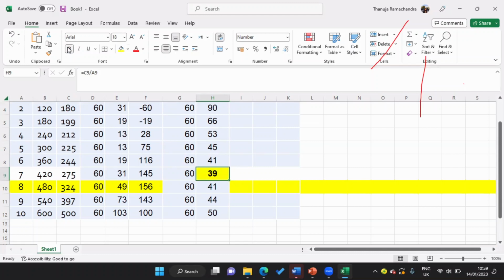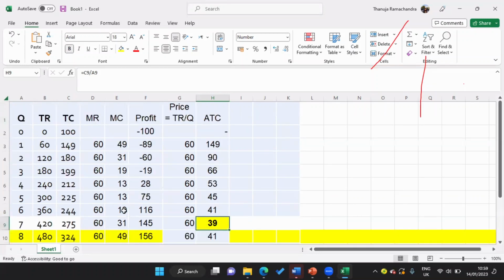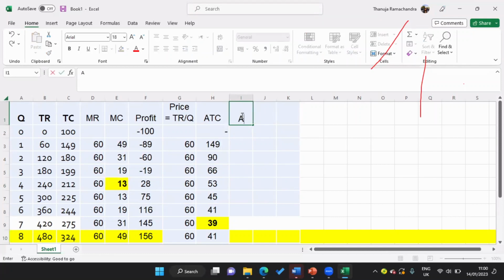We can put the minimum, and then marginal cost. How much was the minimum? 13. So after the marginal cost minimum, the average total cost minimum comes, right? Then we can calculate the variable cost.